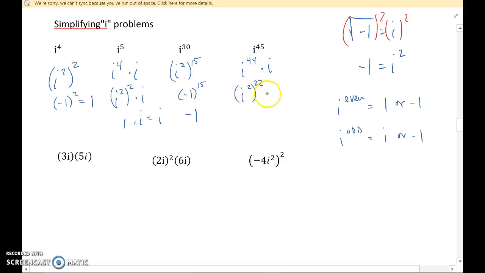So i squared to the 22 times i. i squared becomes -1. -1 to the 22, it's an even number of times, so it's a +1 times i, which gives us a positive i. And so if you have i squared to an even, you know that it's a +1, and i squared to an odd is a -1.